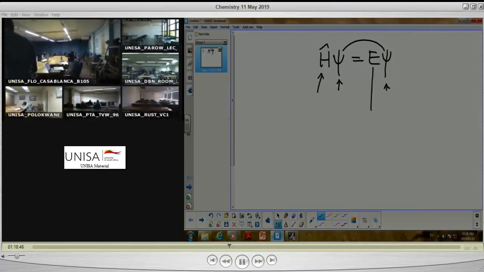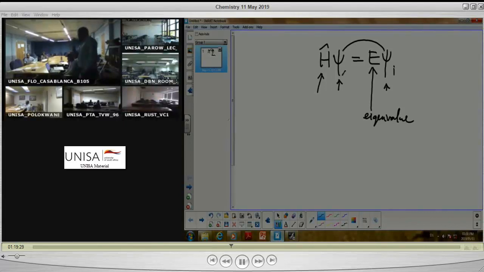So I thought I would just do some revision here. What this equation is saying is that if you have a system, let's say a particle, and this particle has a wave function.